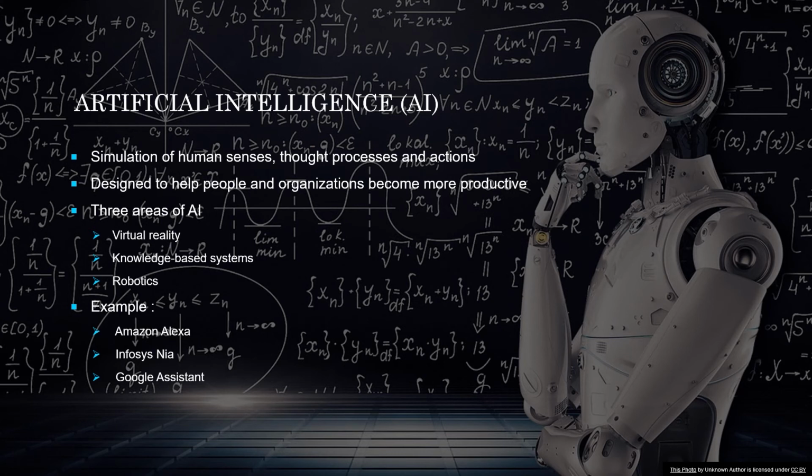There are three areas of artificial intelligence we will discuss later on, which are virtual reality, knowledge-based systems, and robotics. There are also some well-known artificial intelligence software, which are Amazon Alexa, Infosys Nia, and Google Assistant.